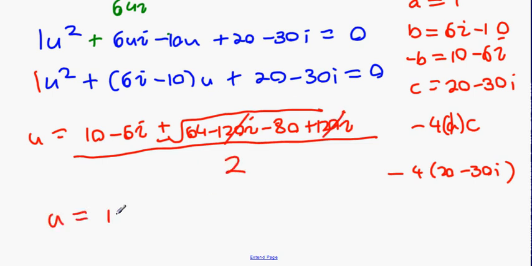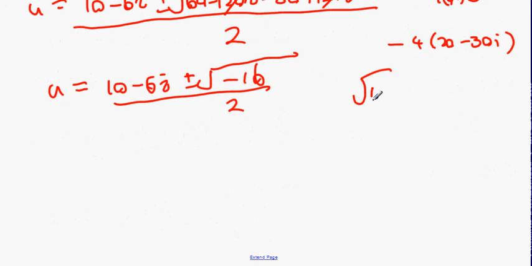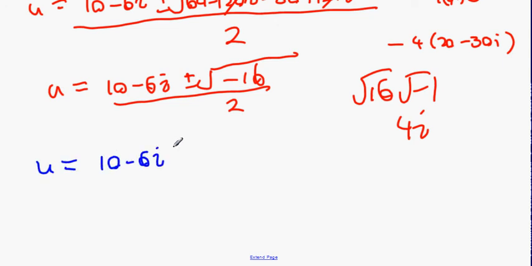And then we're finally going to have u equals 10 minus 6i plus or minus the square root of minus 16 all over 2. Remember, root minus 16 is the same thing as 4i. So what we're going to have is u equals 10 minus 6i plus or minus 4i all over 2.